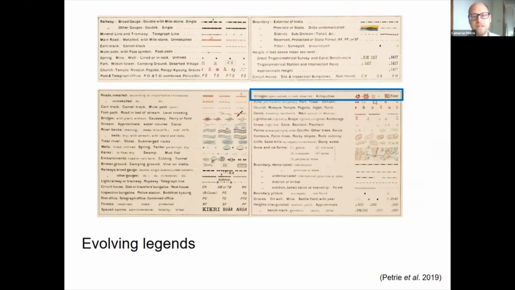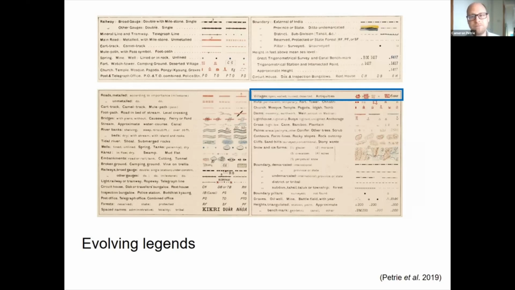There's a considerable focus on the type of infrastructure that political agents would have been interested in: where the railways are, where the roads are, where the springs are, where the forts, the religious sites and monuments are, where the post and telegraph offices are, boundaries, geographical locations, and those sorts of features.